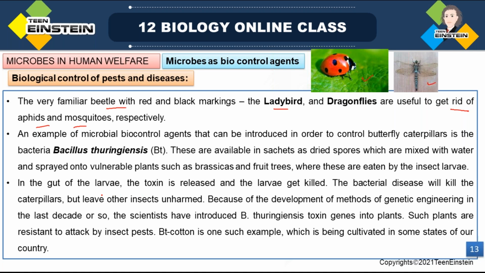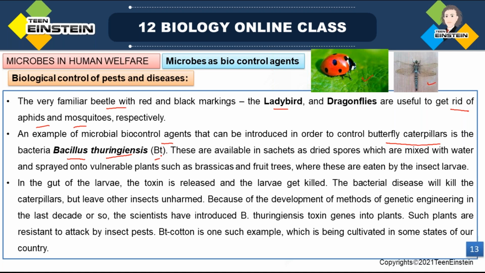For an example, we can say the microbial biocontrol agent that can be introduced in order to control butterfly caterpillar is one bacteria, Bacillus thuringiensis, Bt. Okay, this has created a lot of issues, Bt. So microbial control agents can be introduced.